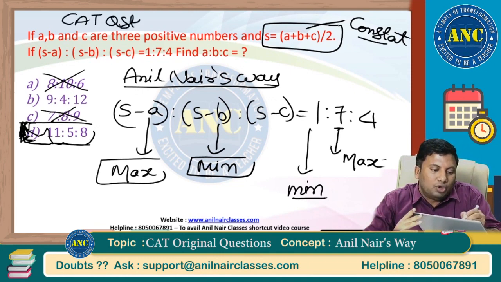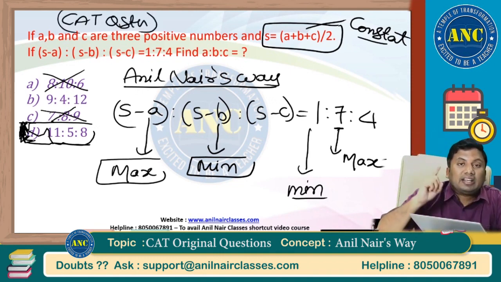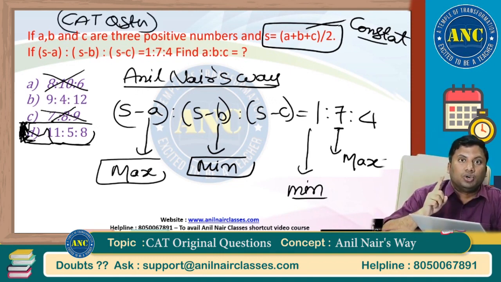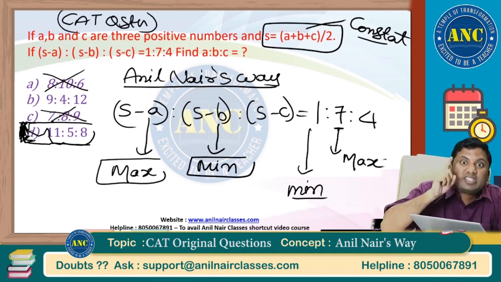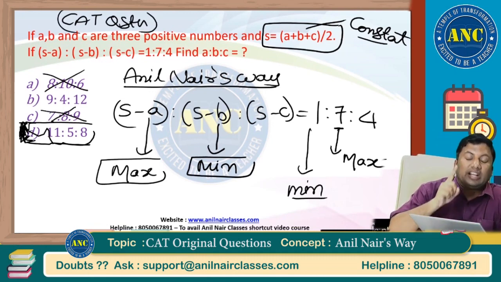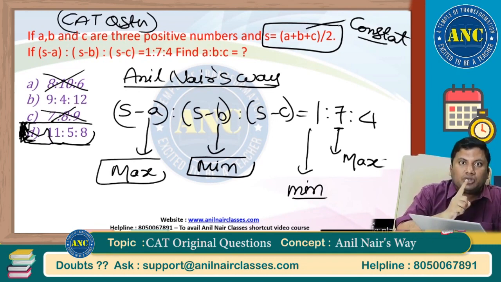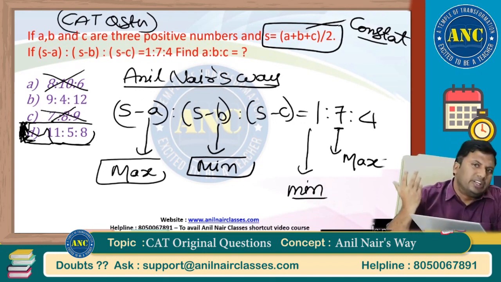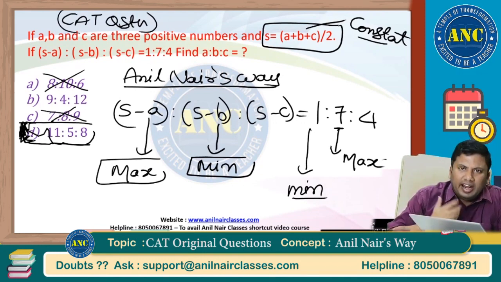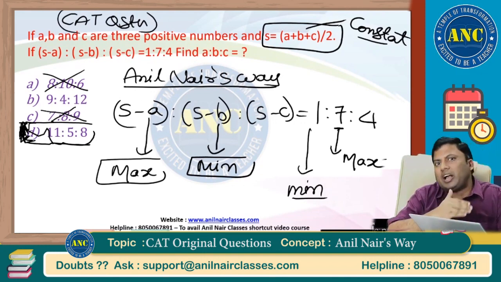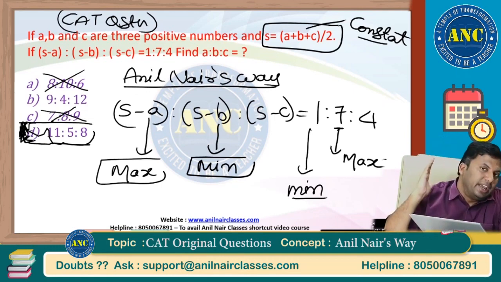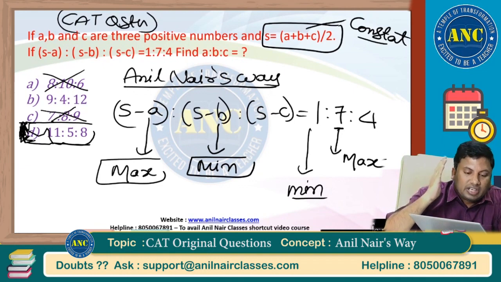By this time, you should have understood that CAT is not common aptitude test. It is common sense aptitude test. That is how a good teacher can convert an ordinary student into a great student. As Jiddu Krishnamurti says, for a good student to become a great student, he needs to meet a teacher at an early stage of his life.